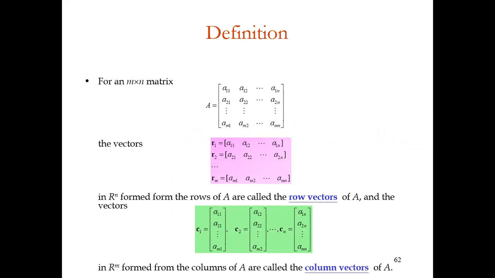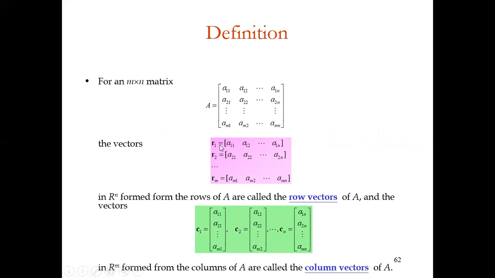Given a matrix with m times n size, within this matrix we can take the vectors. We call these R1 to Rm.